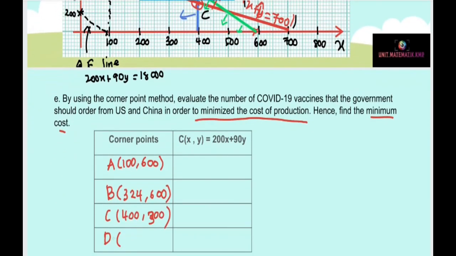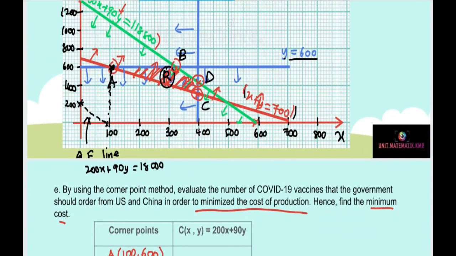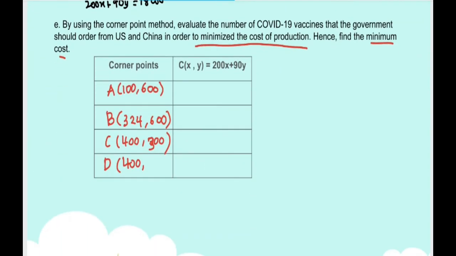When we want to know the value of y, we just substitute x equals 400 into the green line equation here. So you will get the value of y. The value of y is in decimal places, so we got 431.11. We take until 2 decimal places.